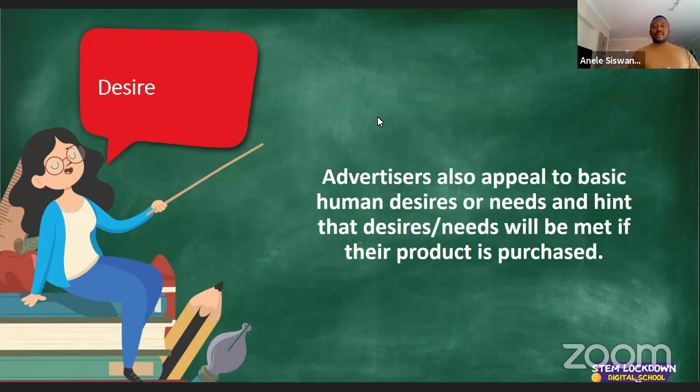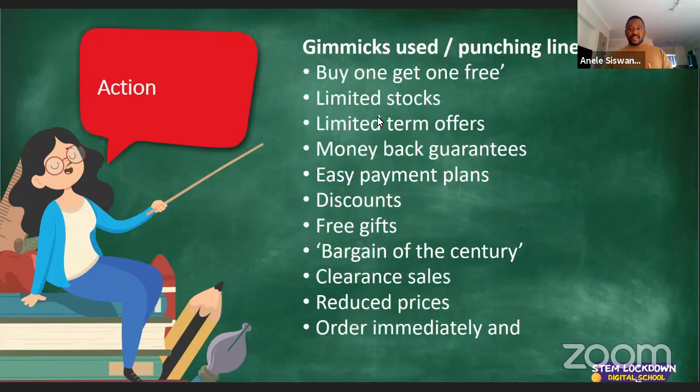So again, we speak about desire: every advertiser or advertisement tries to get your attention and the desire to want to buy the product, right? And then we spoke about action. You would find in adverts things like buy one, get one free, as a matter of drawing attention and action, limited stocks, limited term offers, money back guarantees, assurances, policies.